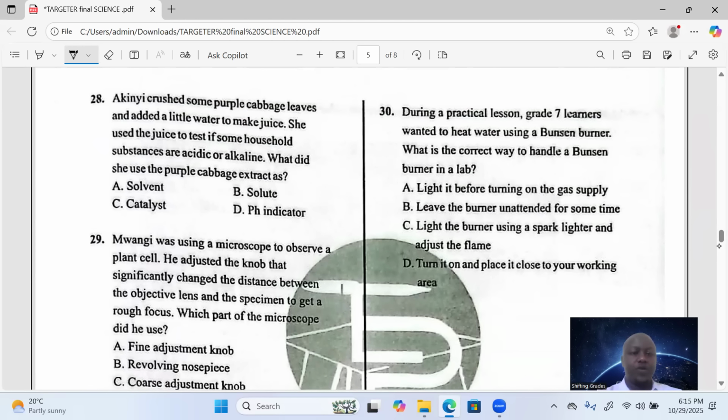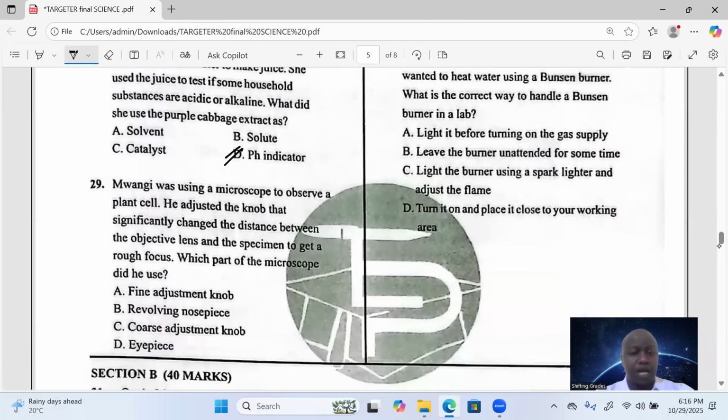Now she used the juice to test if some household substances are acidic or alkaline. What did she use the purple cabbage extract as? She used it as a pH indicator, not as a solvent, not as a solute, not as a catalyst.